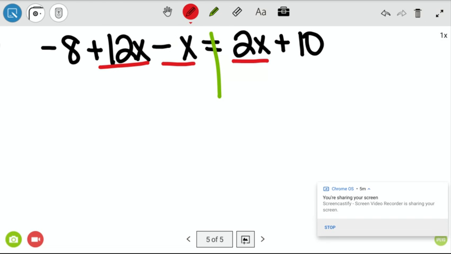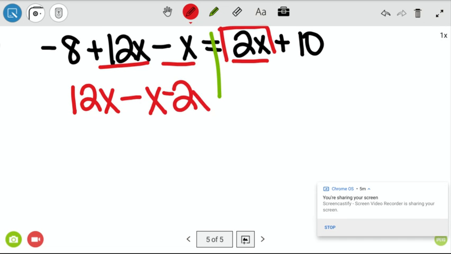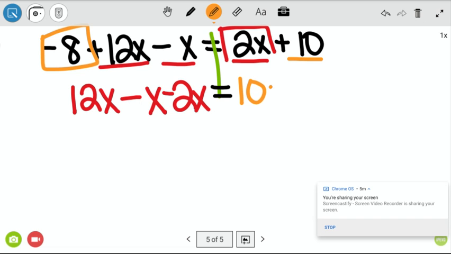So look, our 12x and our minus x are still there, but this is a positive 2x, so let's make it a negative 2x. Then we have our equal sign, and over here we have a positive 10 that's already there, but we want to bring this negative 8 over to become a positive 8.